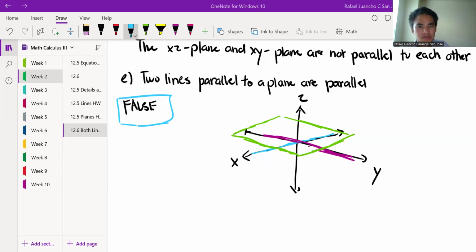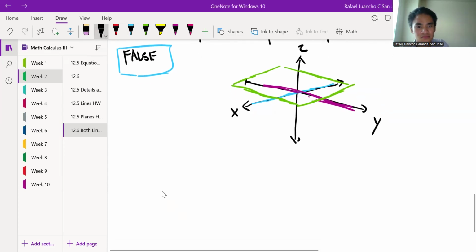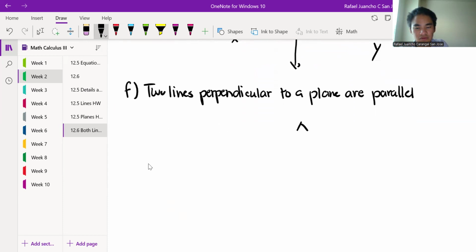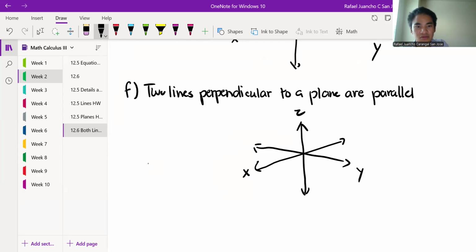Two lines perpendicular to a plane are parallel. This one is probably true, right? If we try to draw another one of our coordinate space, so x, y, z, and we say we have a plane.